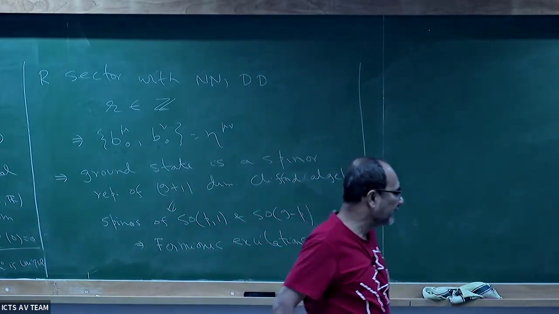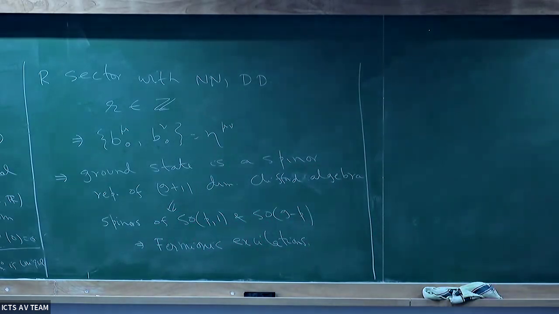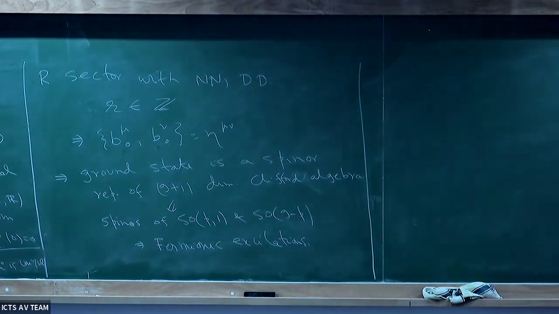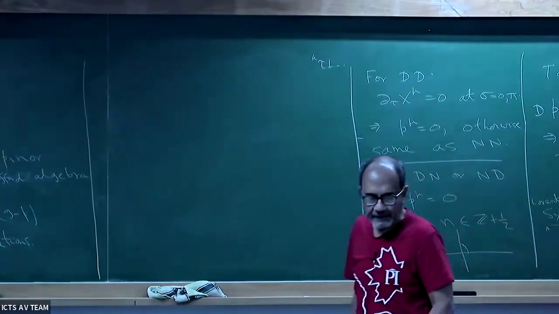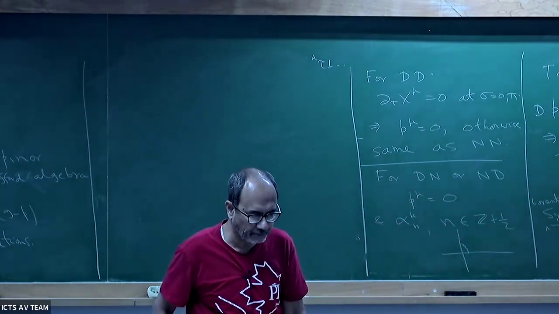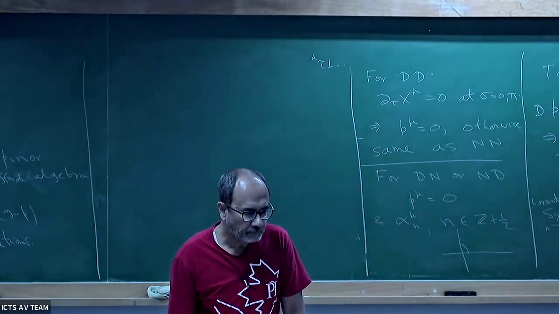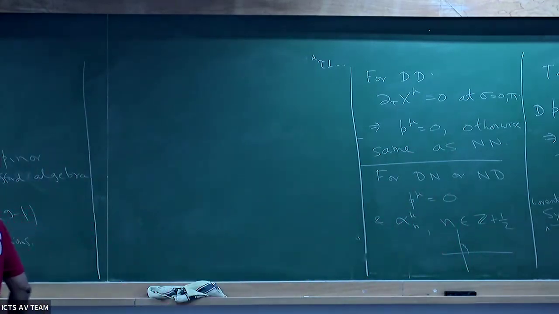Any representation can be decomposed into the subgroup. A spinor always goes into the spinors of both. For SO groups, the spinor of the bigger SO group goes into the product of the spinors of the subgroups. You could have done this analysis separately in SO(p,1) and SO(9-p), so it's visible from there. So it has to be spinors of both.